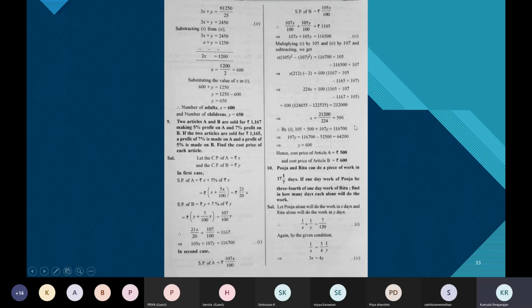So now, do you think your answers are exchanged, or should I look into this answer, children? Here it's written article A 500, article B 600. Priyadarshini? Ma'am? Yeah, do you feel your answer is right?